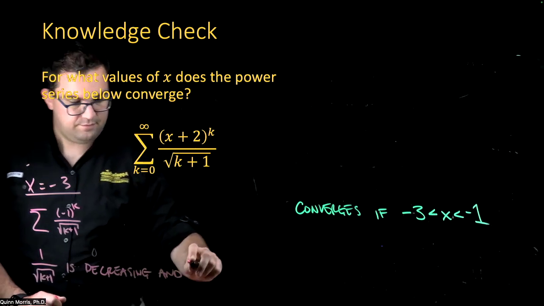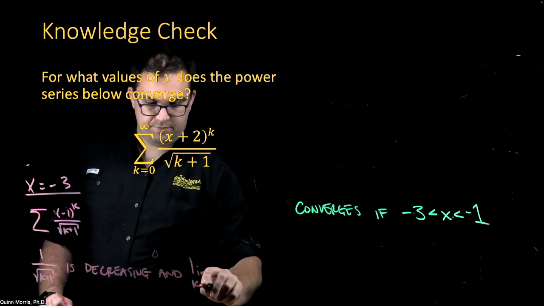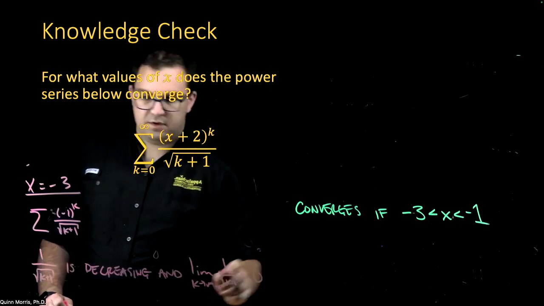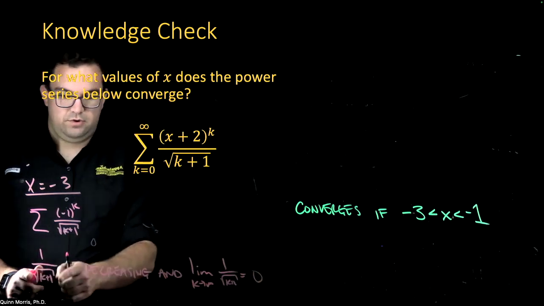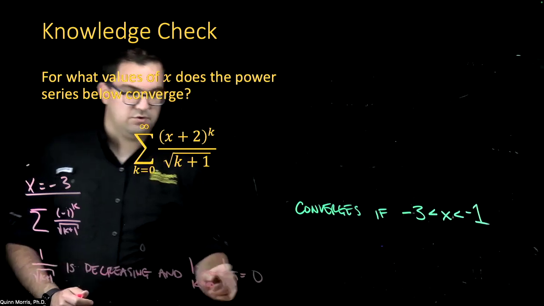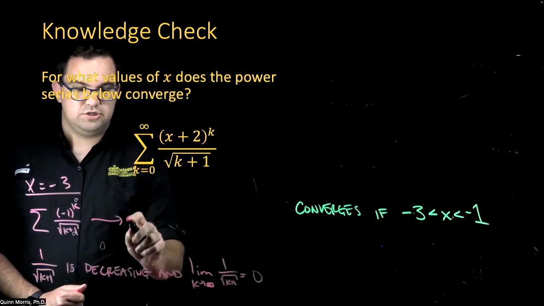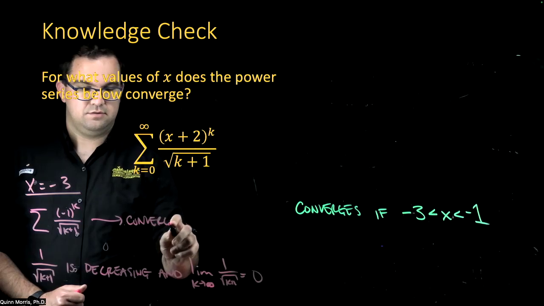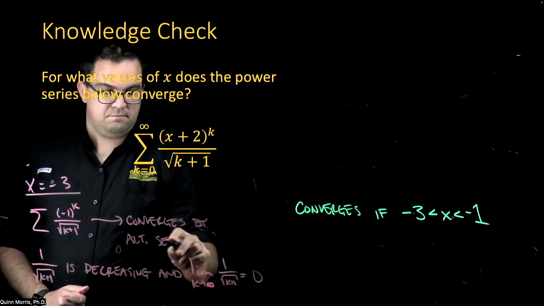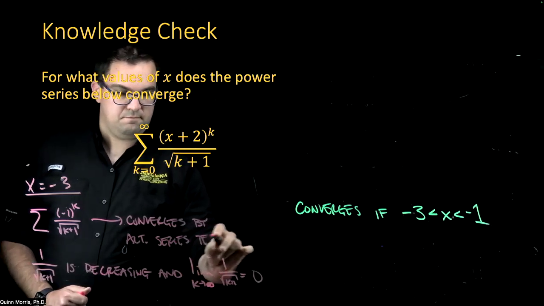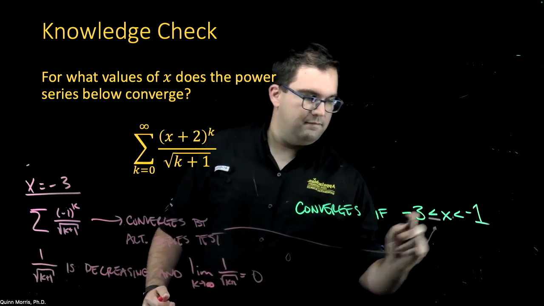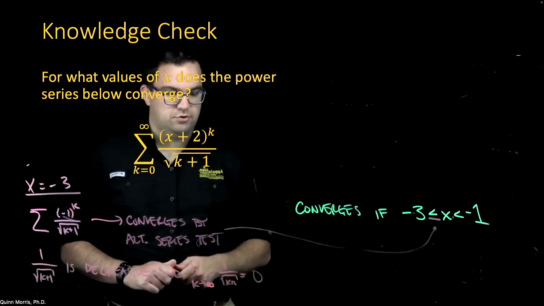And its limit, as k goes to infinity, of 1 over square root of k plus 1 is 0. And so this is an alternating series where the non-alternating part is decreasing and its limit as k goes to infinity is 0. So this converges by the alternating series test. So I can immediately come over here and update this. I get convergence when x is equal to -3.